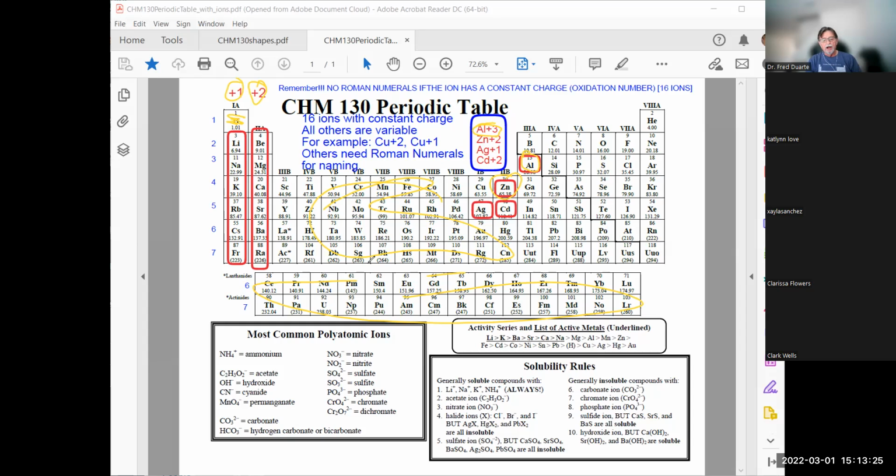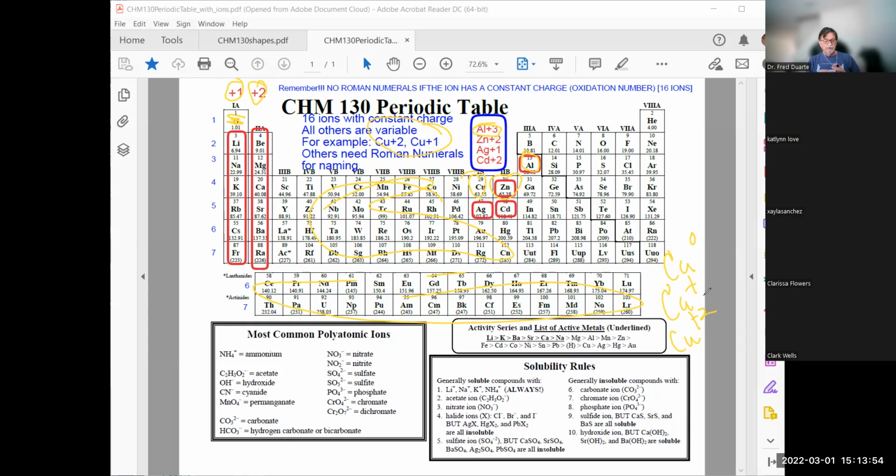For example, copper, number 29, can be in 2 oxidation states. Copper can be in the 0 oxidation state, obviously, when it's an element, but it can lose 1 electron, and when it does, it has a +1 oxidation state, or it can lose 2 and have a +2.